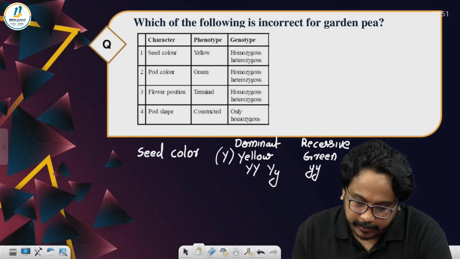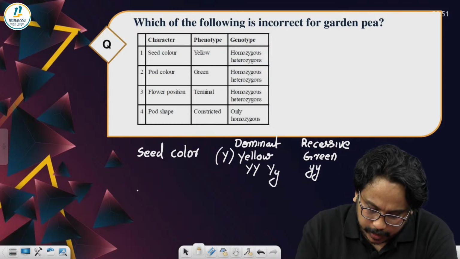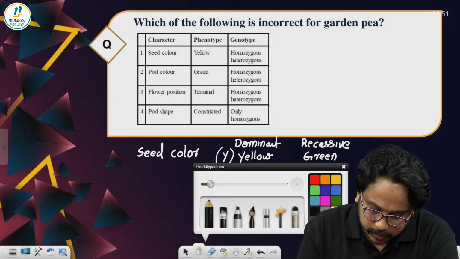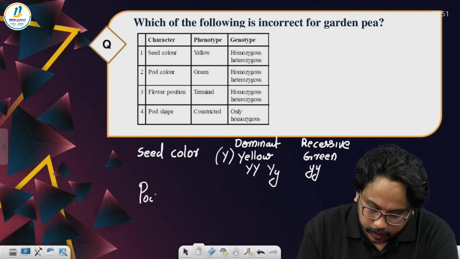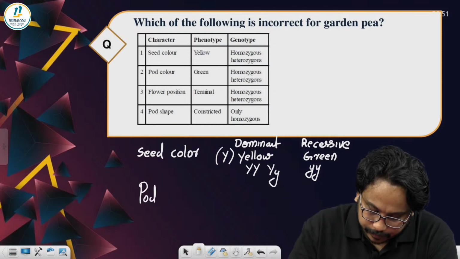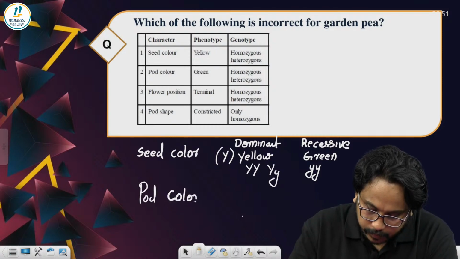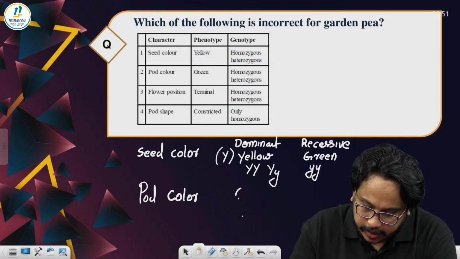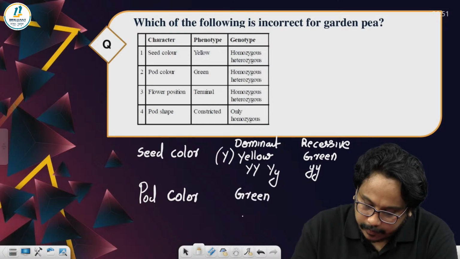Then the second one that is given is pod color. If you are taking the homozygous pod color, you can see dominant is green and recessive is yellow.